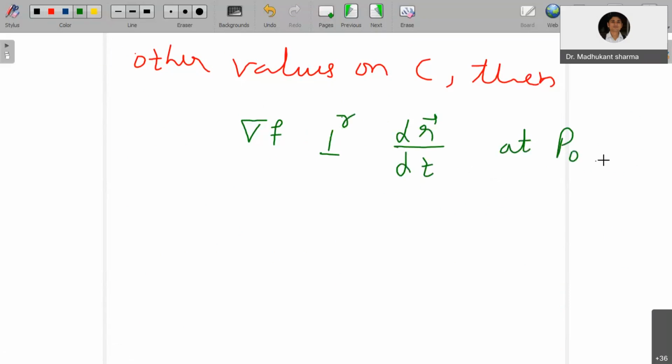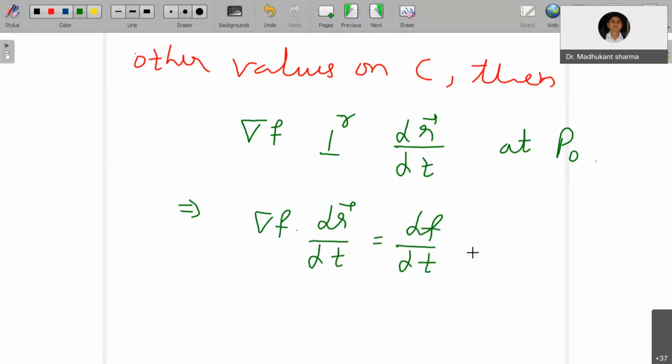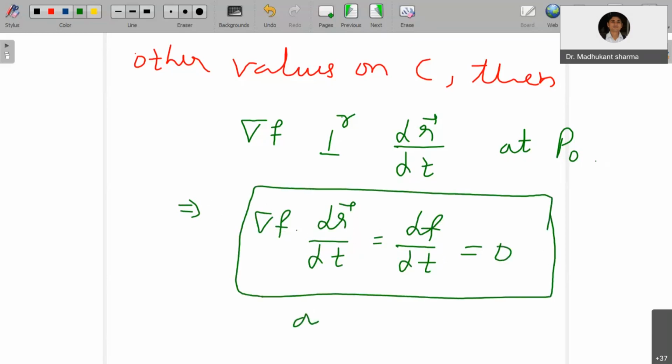So it's orthogonal to the velocity vector. This certainly tells you, if you recall, that grad f dot dr by dt, which is df by dt, is going to be 0 at P naught.